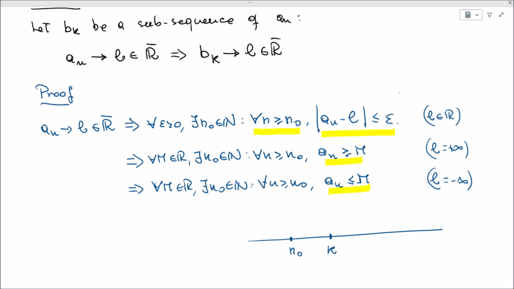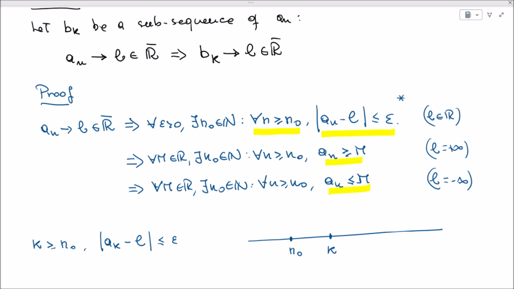To make the proof simple, let's consider the first situation where we have a real limit. So if k is larger than or equal to n0, certainly we know that the absolute value of ak minus L will be less than or equal to epsilon. And you can see that a similar statement can be made for the case of a diverging sequence.